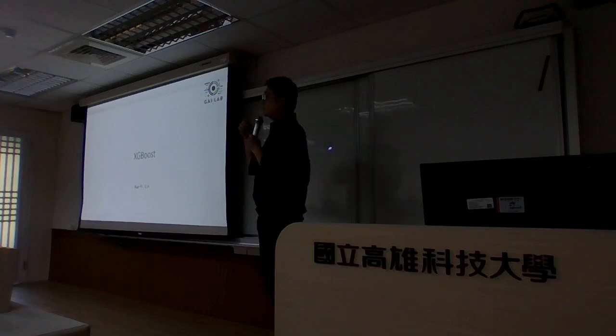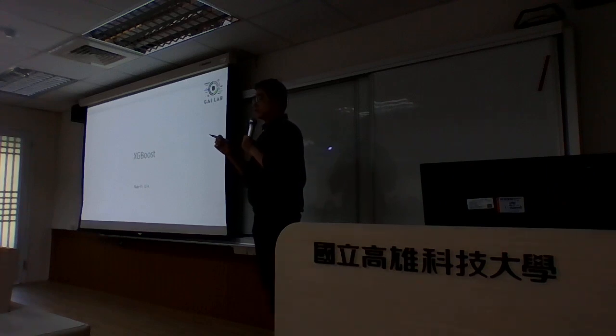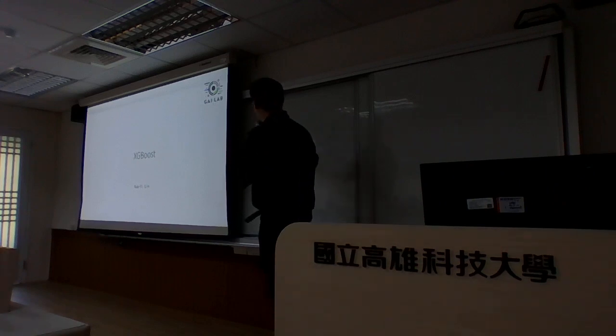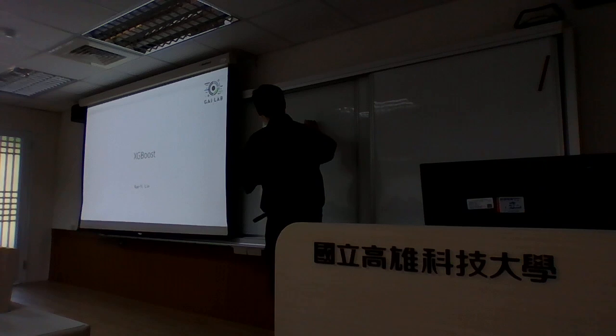Also, when there are more trees, that kind of algorithm is like a random forest. The random forest uses different selected trees to make a decision about the different statuses.